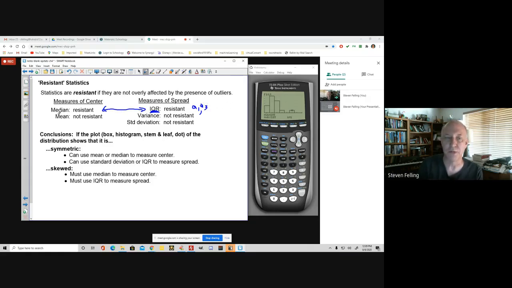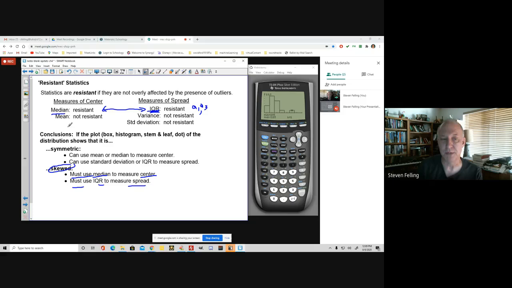So we call the median and the interquartile range resistant statistics because they resist the effect of the tails of skew, and they are also not affected as much by outliers. So if you have skewed data, then you must use the median for the measure of center, and you must use the IQR for the measure of spread.